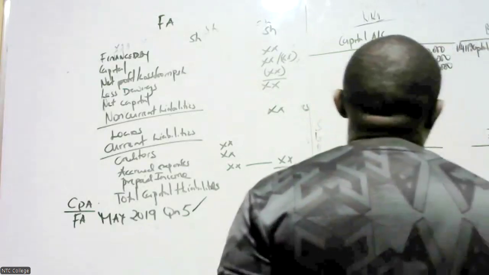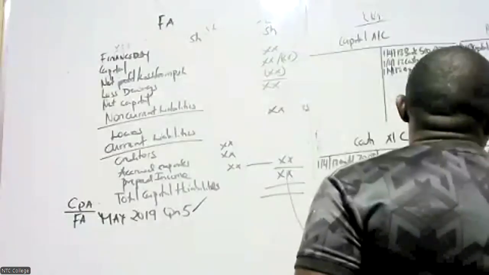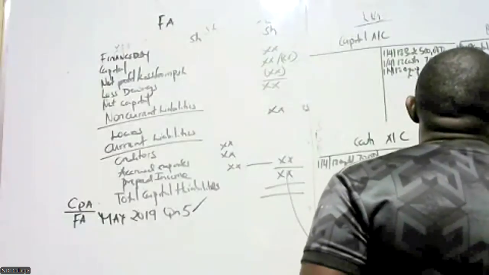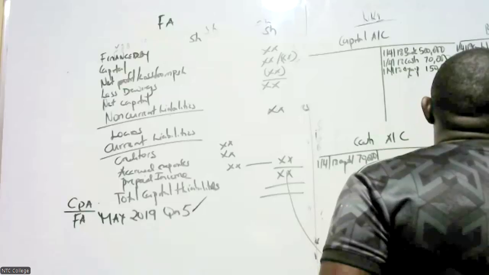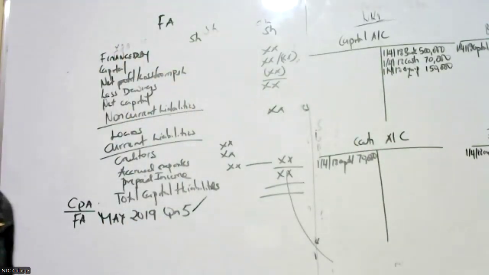So on equipment we debit, we know that was a form of capital. 18, we have capital. That is a figure of 150.